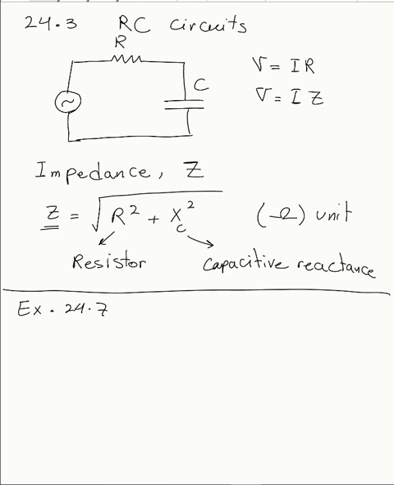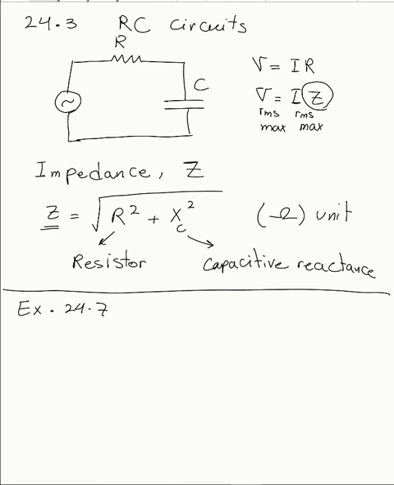So no matter what components we have in the system, this Z is always valid. So we'll take a look at different examples as we move forward. Now if V is the RMS, then I is the RMS here. If V is a maximum here, then I is a maximum. But Z can include all the components in the circuit.